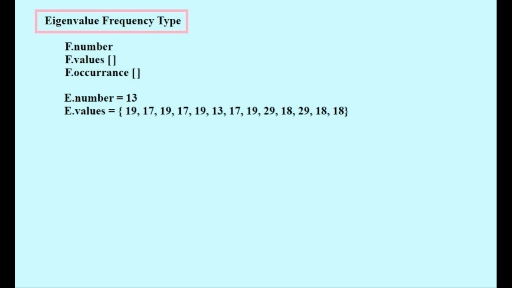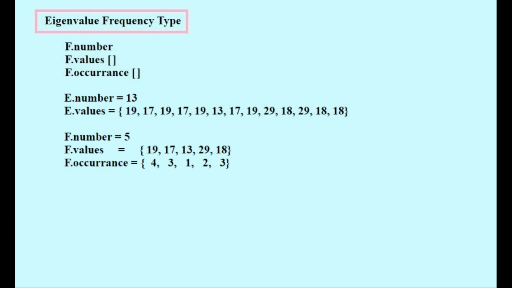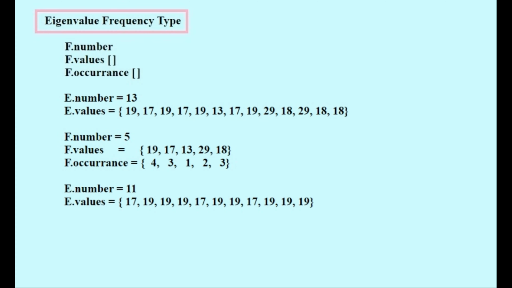So here's another example. In this list, 19 occurs 4 times, and so we have only 5 different eigenvalues, but most occur multiple times. And here's another example. You can see that there are only 2 different values in the list, even though it has 11 values.